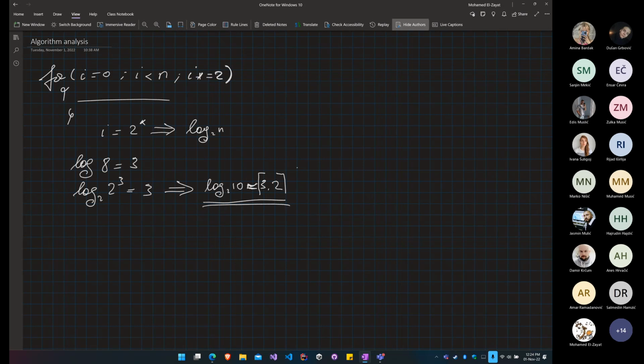Ceiling means you approximate to the highest, and floor means you approximate to the lowest. So when we calculate complexities, we usually say log base 2 of 10 is going to equal 4. So we always round to the highest, okay? This is called ceiling. Okay, this is called floor.